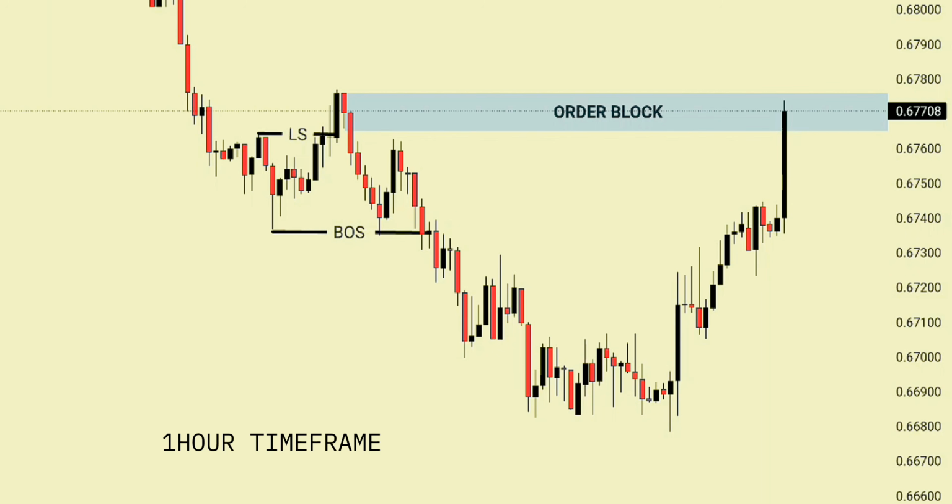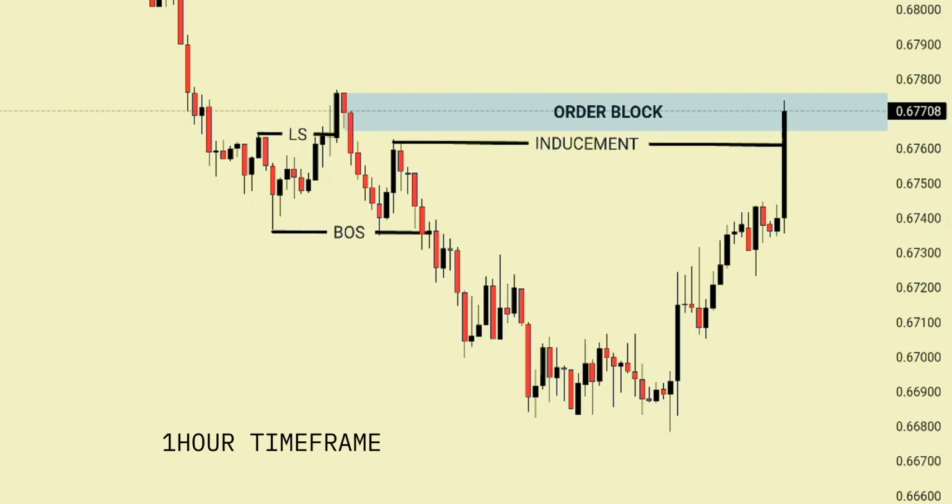Just before price reaches the order block, we see a short, bullish rally. This small upward push is known as inducement. Inducement is a very strategic move by the market. It encourages retail traders to buy at the wrong time. Many traders will see that small bullish move and assume the market is reversing upward, so they enter buy trades with stop losses above the order block.